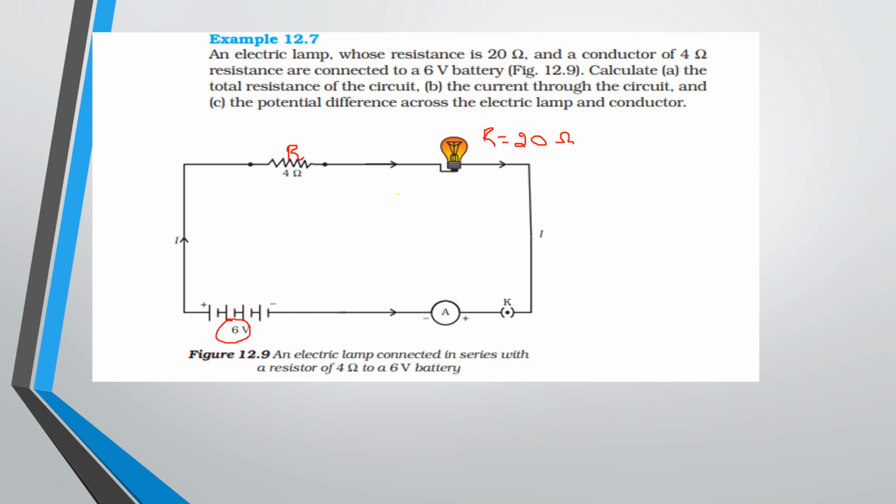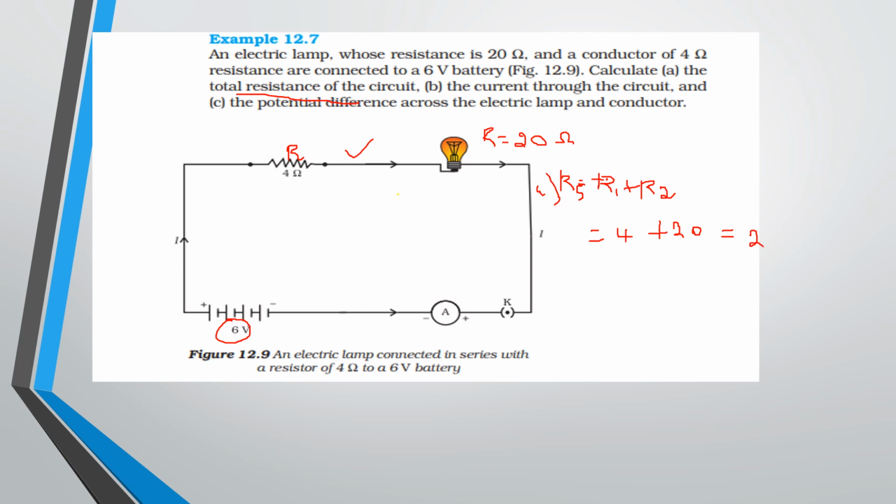The first question asks for the total resistance of the circuit. This is a series connection, so I'm going to use RS is equal to R1 plus R2. R1 is the conductor and R2 is the lamp, which is 4 plus 20. So the answer is 24 for part A.